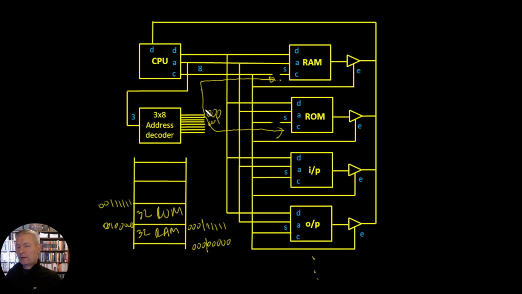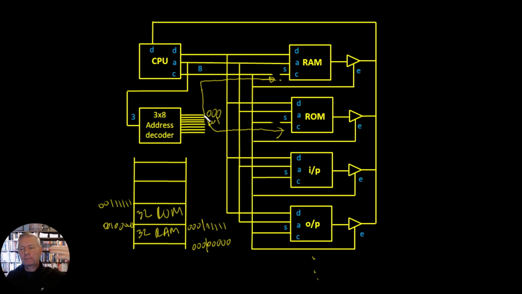But that might not be what we want to do. And in fact, that isn't what we want to do, because in our 16-bit machine, we're going to split most of the memory into ROM and RAM, and then our input-output is only going to take up a small portion of that.